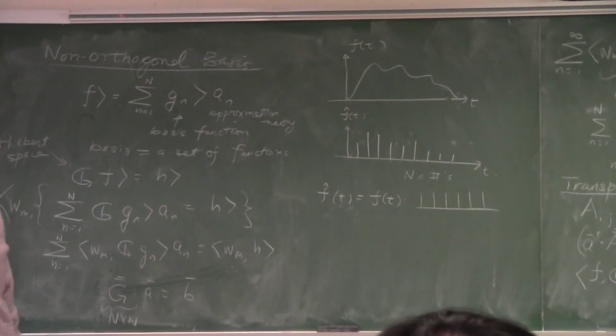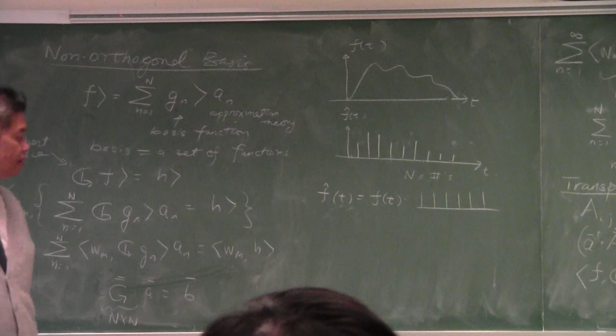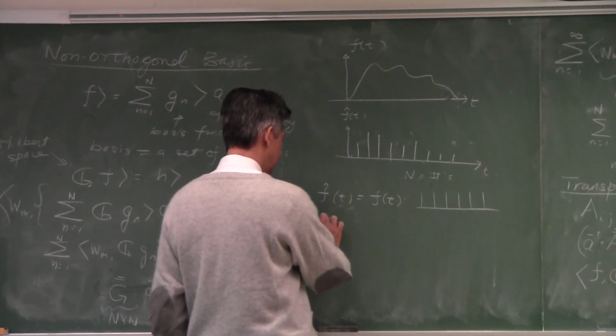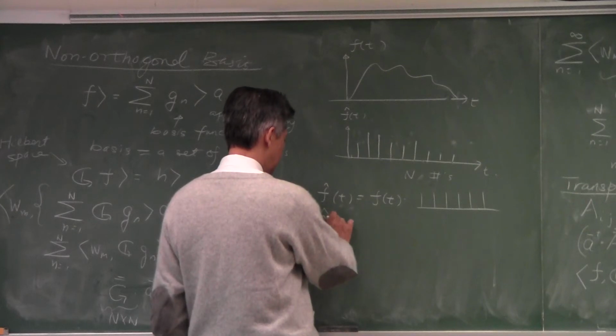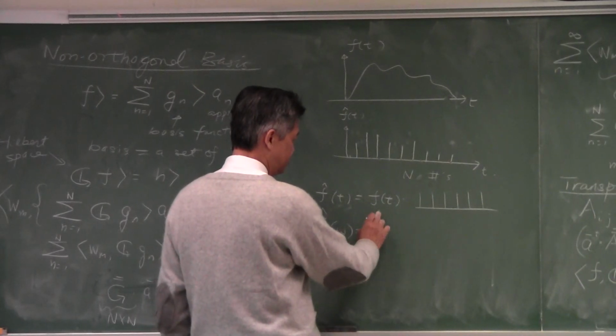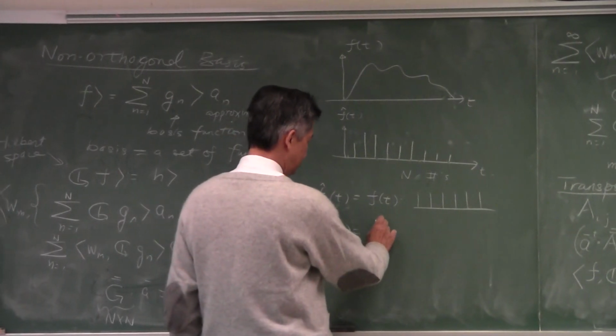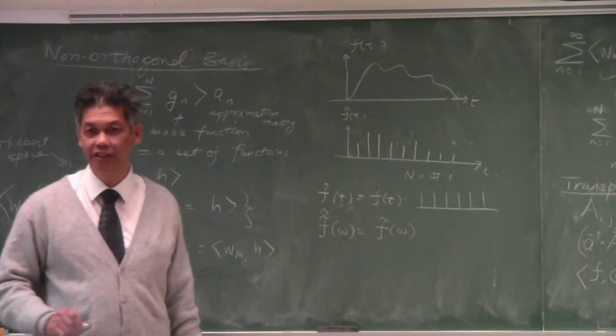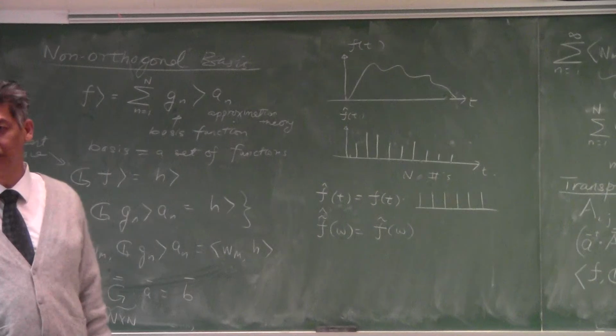F of t multiplied by an impulse string gives me f hat of t. Then, if I take this to the Fourier space, this is the convolution of f of omega with an impulse string. What is the Fourier transform of the impulse string?